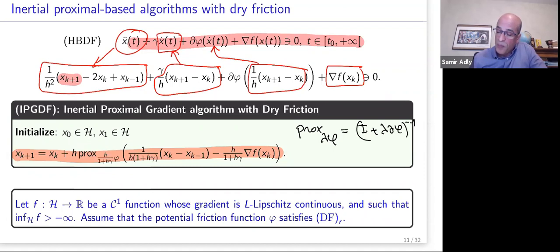This is a well-known proximal operator. You solve for xk plus 1 given two initial points. You will compute this point, which is very simple to compute. Let's say this is my zk. And you can put xk plus 1 equal to xk plus h prox of this function here.